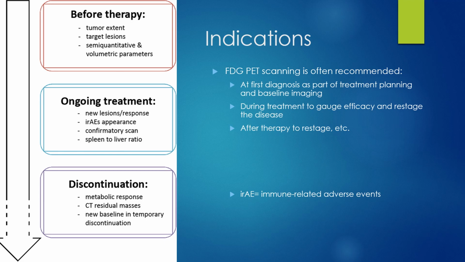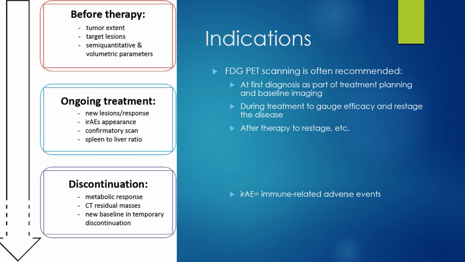Before therapy, we look at the tumor extent and target lesions, and we get semi-quantitative and volumetric parameters. This is where the baseline SUVs are set that are then used for comparison later to determine if it's responding to therapy or if it's progressing or getting worse. During ongoing treatment, it's used to find new lesions or evaluate the response.